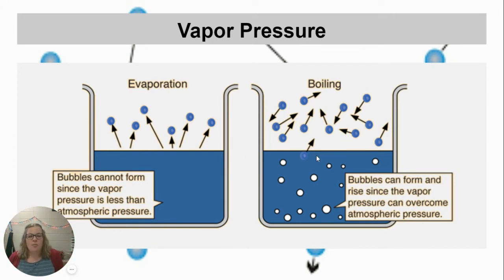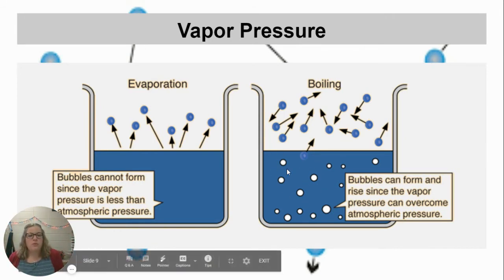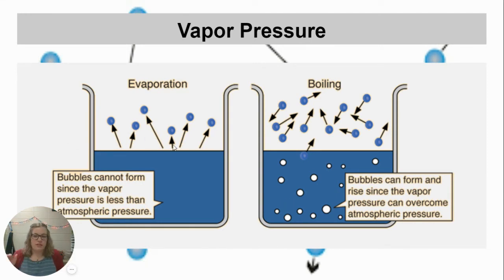But when we talk about actual bubbles of vapor forming, evaporation is a surface event, okay? When we talk about boiling and we actually get a phase change, that can only really start to happen when the vapor pressure at the top is equal to the atmospheric pressure.